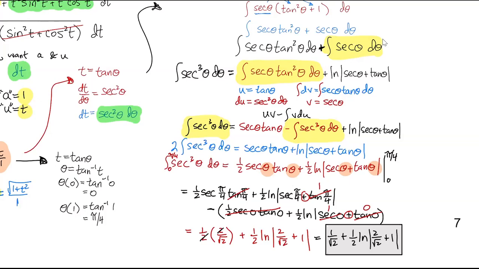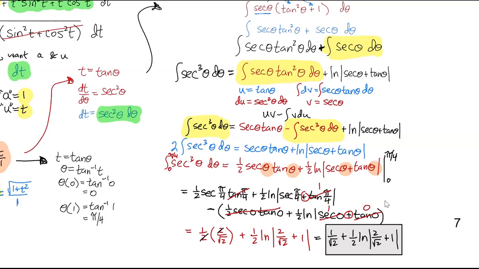How did you get the natural log of secant of 0 plus tan 0 into the final answer? So from secant 0 plus tan 0 to radical 2 over radical 2 plus 1.